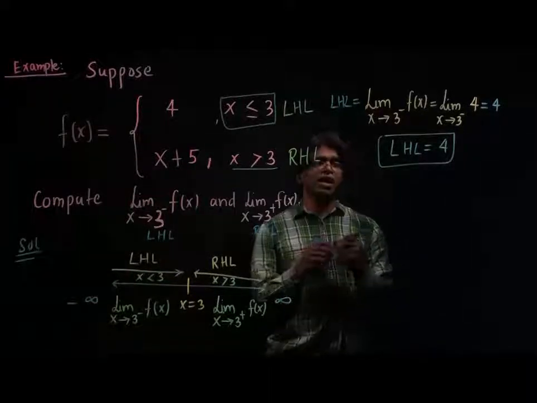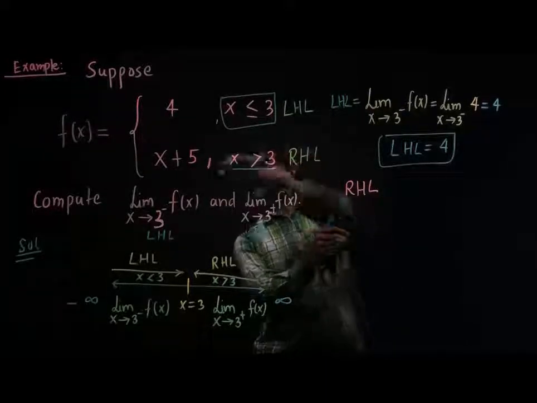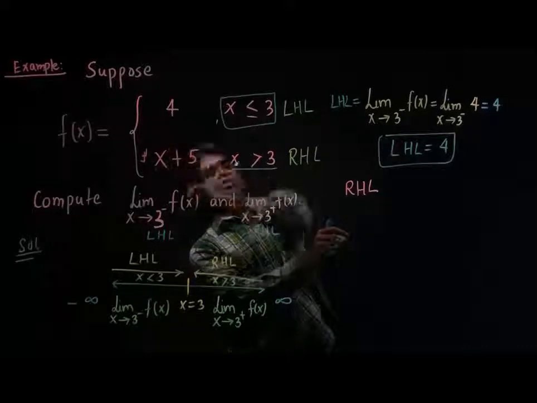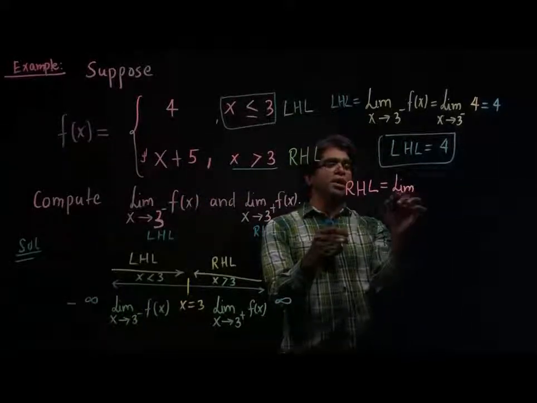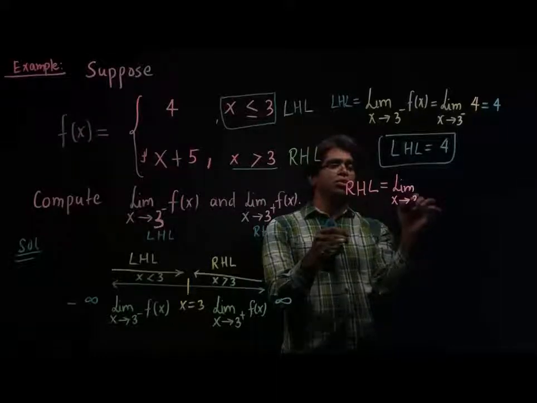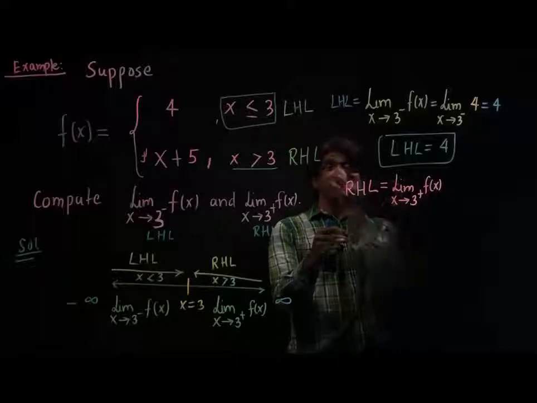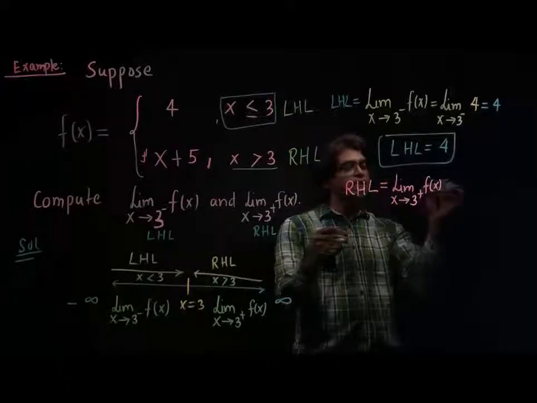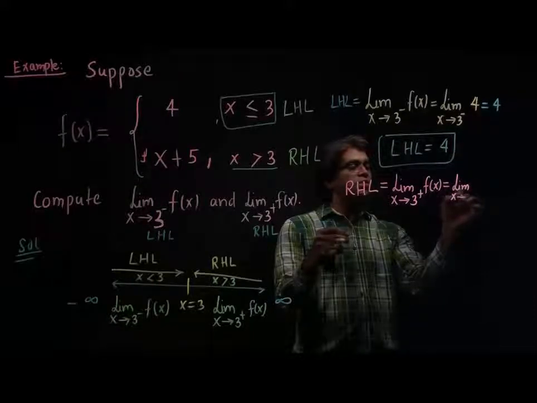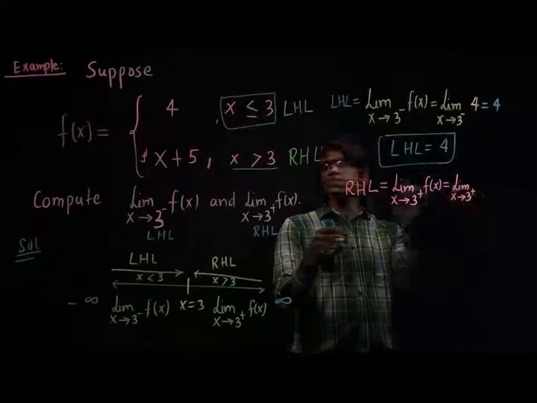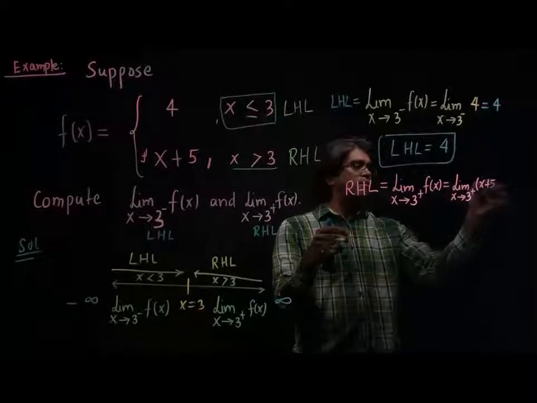Now let's find the right hand limit. My right hand limit will be for this part of the function right here. So I will write right hand limit is equal to the limit as x tends to 3 plus of f(x), and that is equal to the limit as x tends to 3 plus of x plus 5.